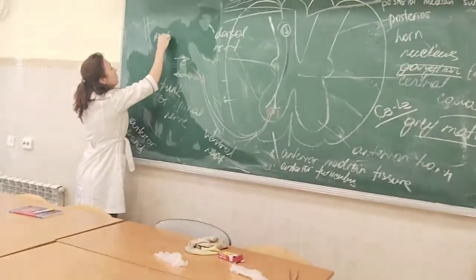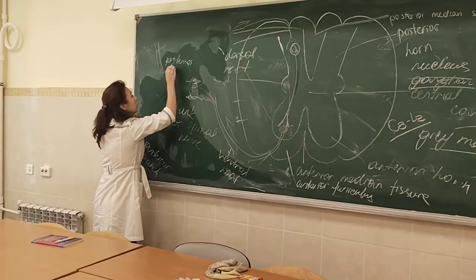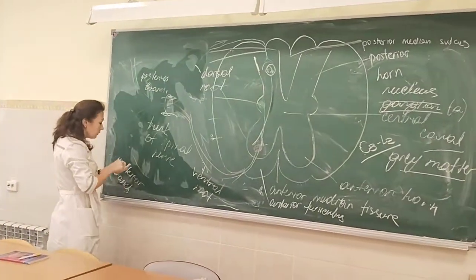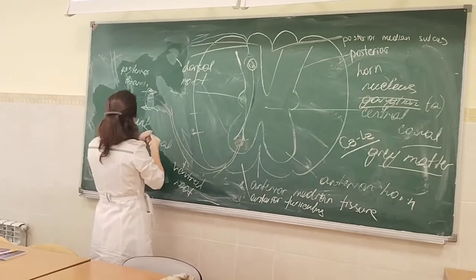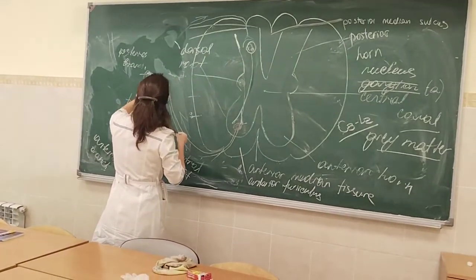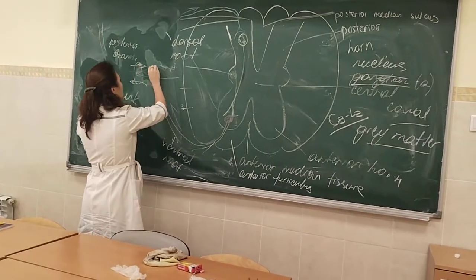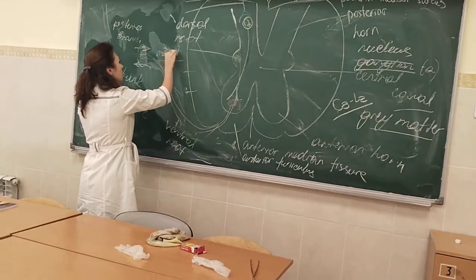These branches are mixed; they contain both sensory and motor fibers. There is also a meningeal branch that goes backward to the spinal cord and supplies meninges.